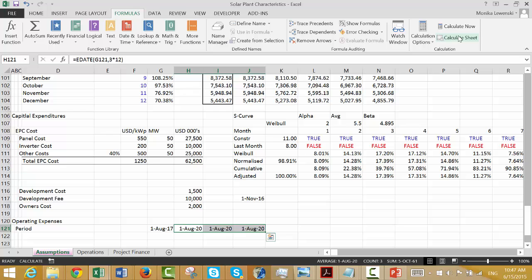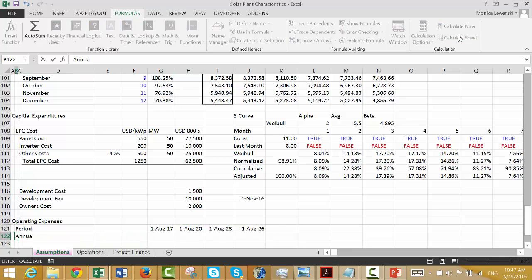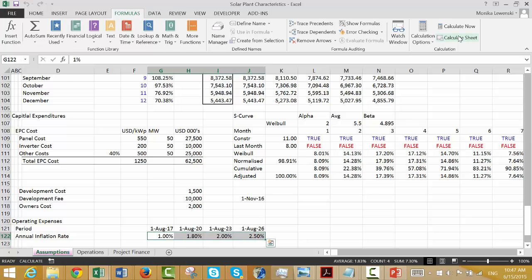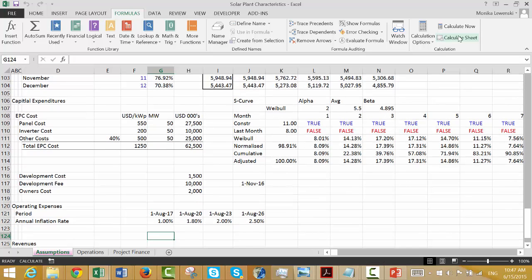Okay, and we'll put annual inflation rates. So let's just say that this is 1%, 1.8%, 2%, and 2.5%. Perhaps that's, well, we could do all sorts of sensitivity.